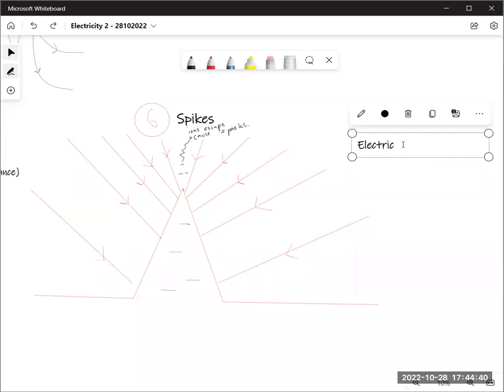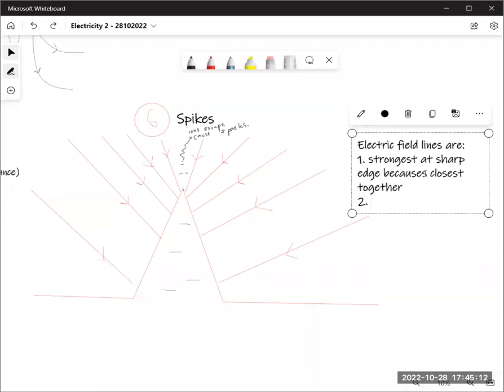Electric field lines strongest at sharp edge because closest together. Next thing is ions escape.